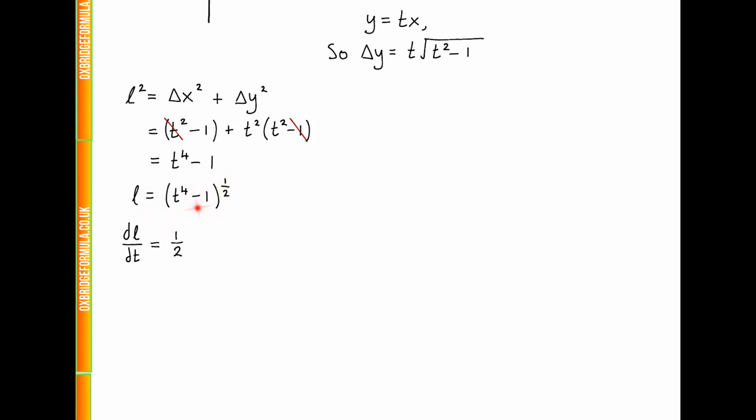Our minus 1 vanishes, and we get a 4t cubed from this term. And then, we multiply by this with our power reduced by 1. What does this look like when we write it in a normal way? Our half and our 4 cancel down to a 2, and this is 1 over the square root of t to the 4 minus 1. And so our result is 2t cubed over the square root of t to the 4 minus 1. And that's our final answer for this question.